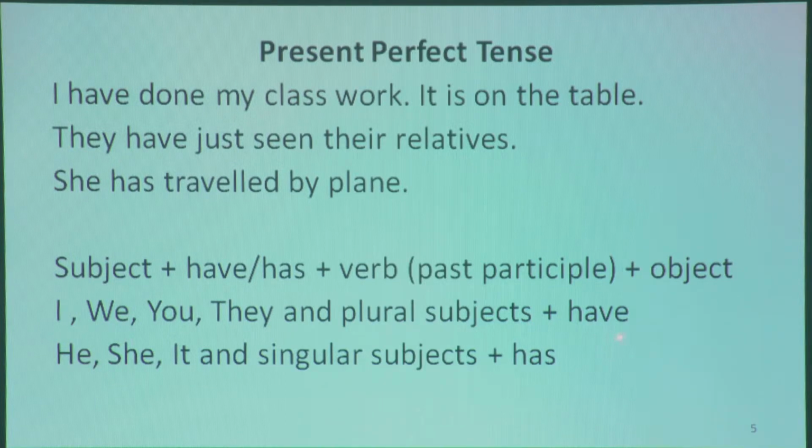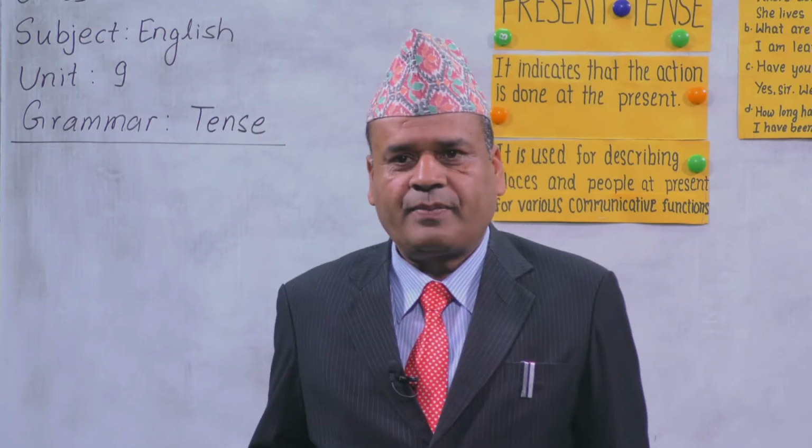For example, I have, we have, you have, they have, right? And boys have, girls have. Okay? And which subjects take has form? He has, she has, it has, a boy has, a girl has, everybody has. Okay? So singular subjects take has form.